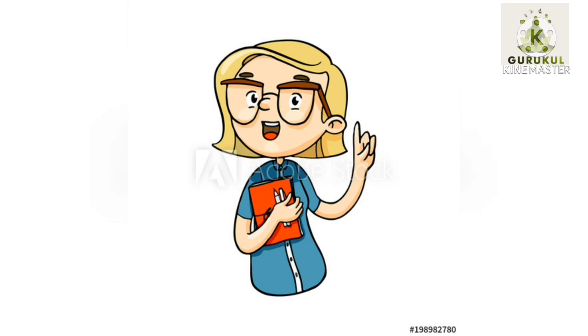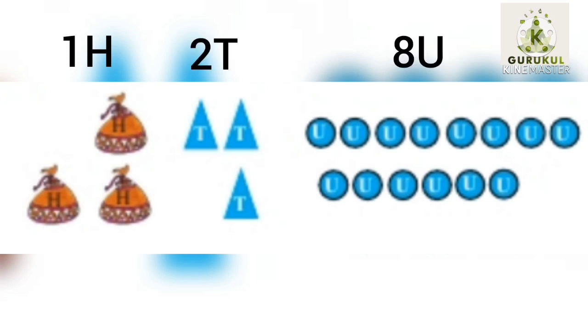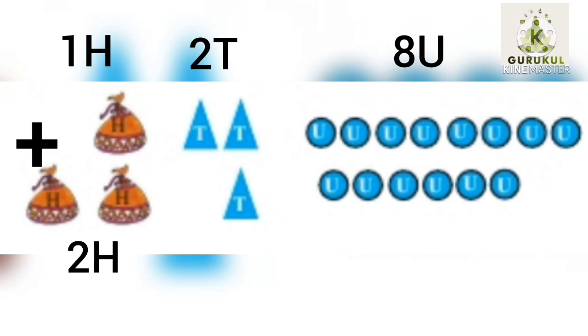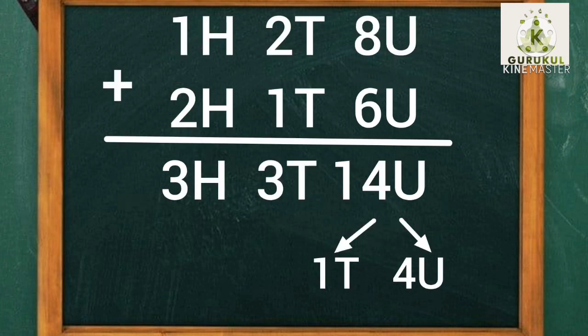So now let's see a few examples of addition by carrying over. First example. Here we have 1 hundred, 2 tens, 8 units plus 2 hundreds, 1 ten, 6 units. On adding the units, we get 14 units. As we saw previously, 14 units make 1 ten and 4 units. So now we have this 10, okay? And where do we write this?